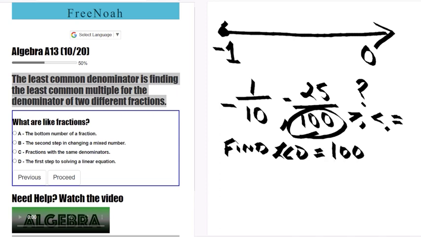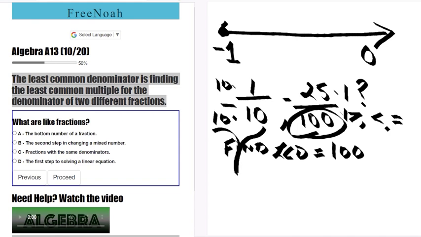So we're going to multiply 25 over 100 by 1 over 1. All right, and then for our first fraction, we're going to multiply the numerator and the denominator by 10. Now let's apply a multiplication here, right?